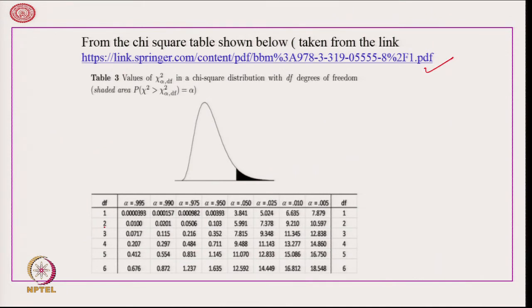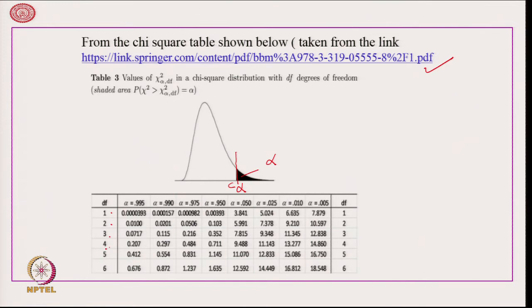Here I have just copied for 1, 2, 3, 4, 5, 6, and the cutoffs are given, which are the critical values for different alpha. We are looking at 5% level of significance. That means we are looking at a C alpha such that the probability that the chi-square distribution takes a value greater than this C alpha is alpha.